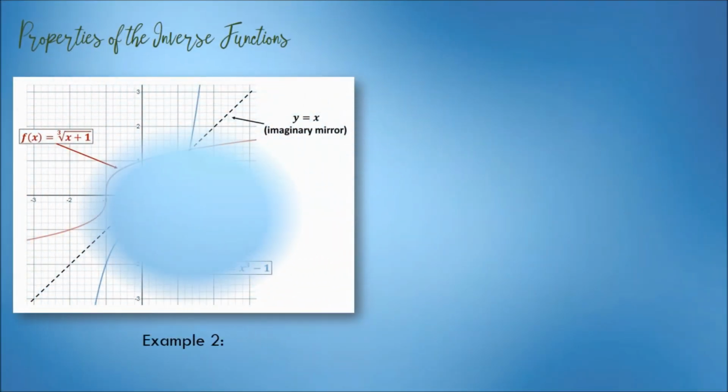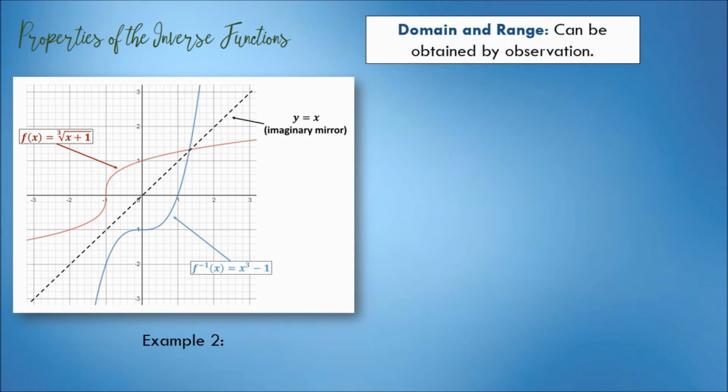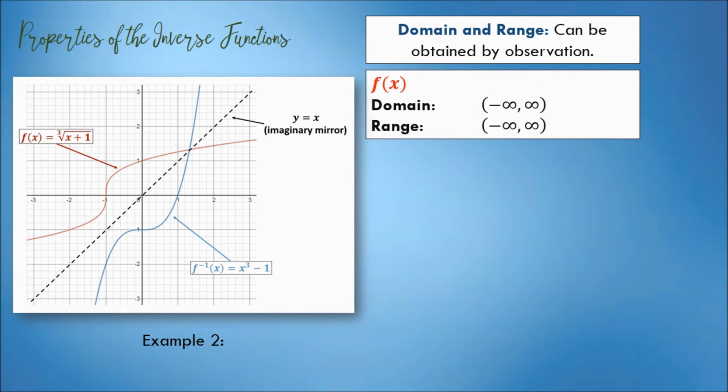Another example. We have these inverse functions. Since the given function is a cube root function, the domain and range can also be obtained through observation. For f of x, the domain and range are all real numbers, meaning from negative infinity up to positive infinity, without restrictions and asymptotes.